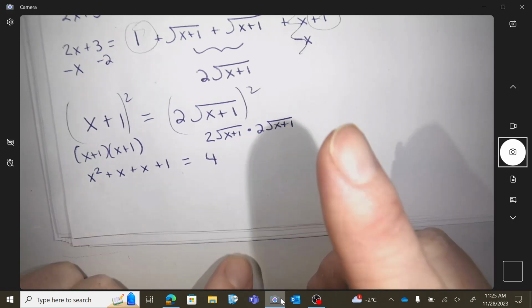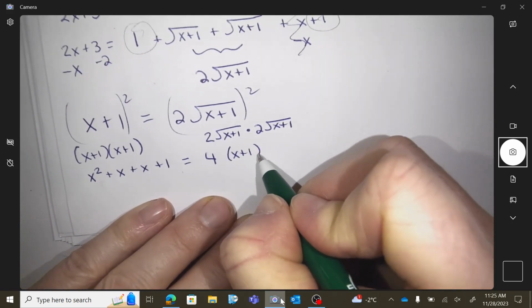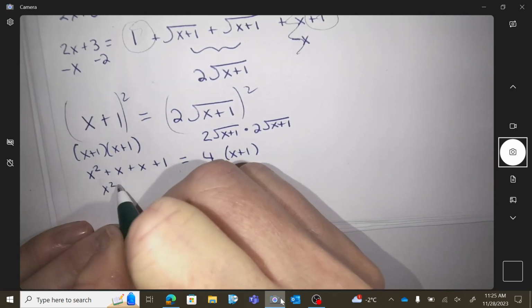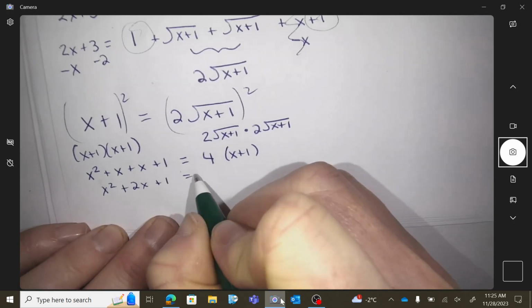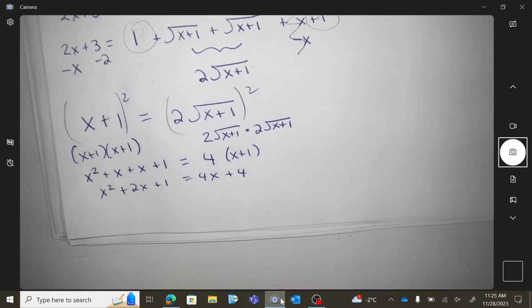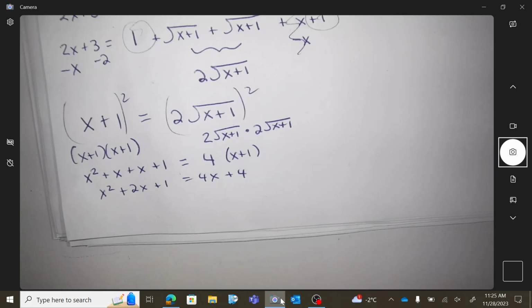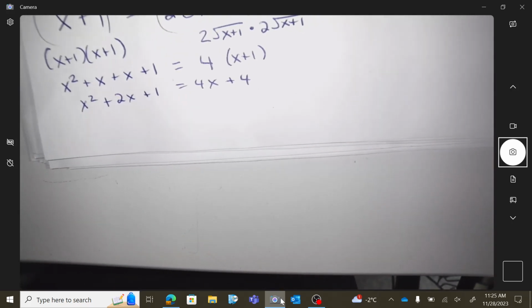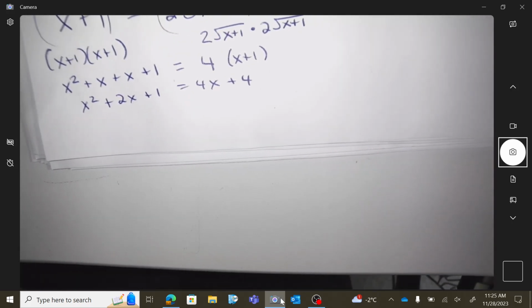Radical times the same radical drops the radical. Okay, I just did some collections, some distributions.